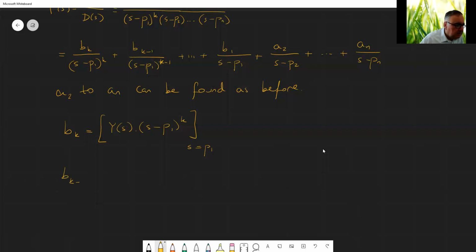Then b_(k minus 1), the second one: for this you take the derivative of the above expression, d by ds of Y(s) times (s minus p1) to the power k, evaluated at s equals p1.